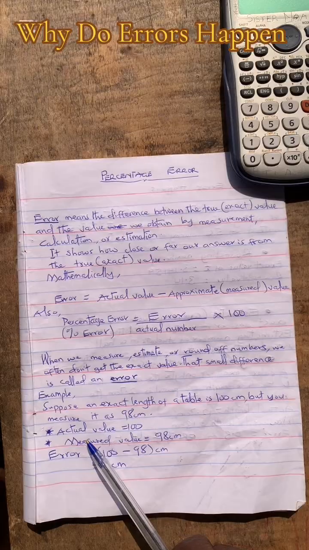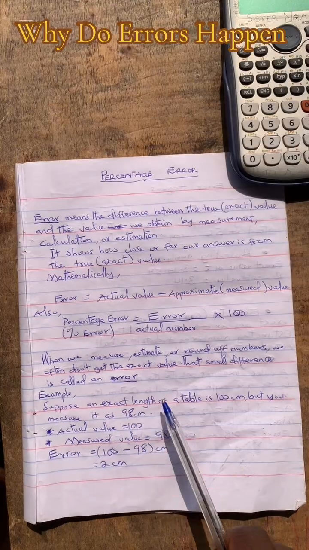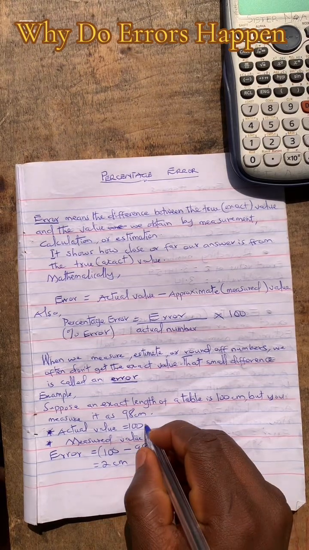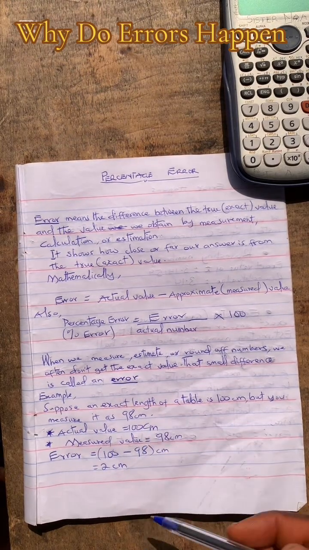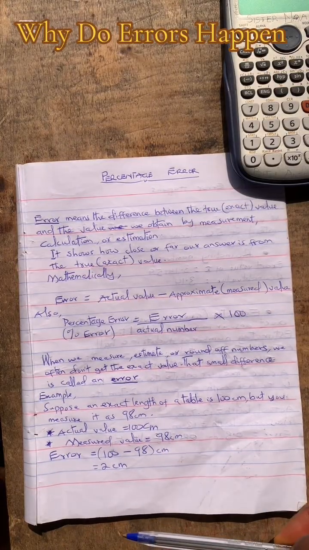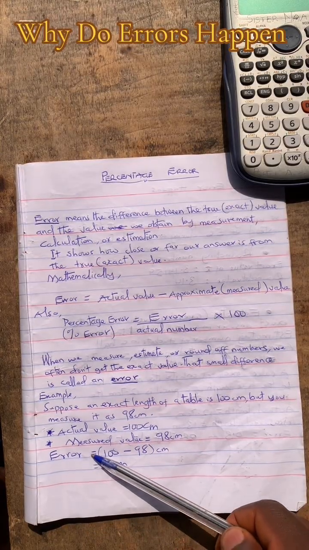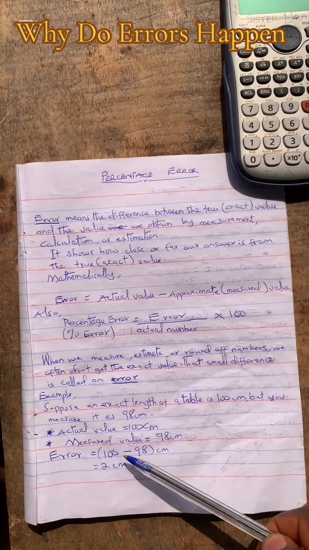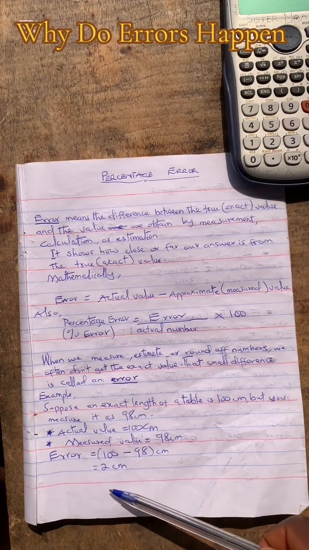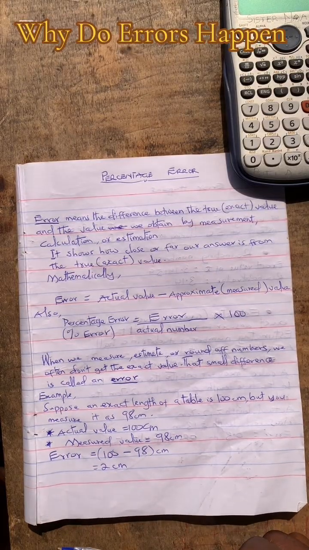In this case, the actual value in the question is 100 centimeters and the measured value is 98 centimeters. Error equals 100 centimeters minus 98 centimeters. So the error is 2 centimeters.